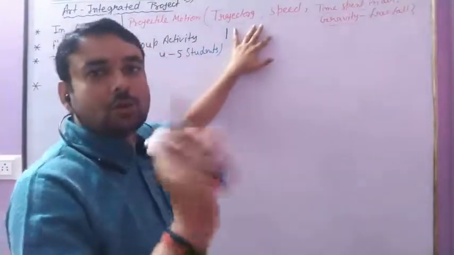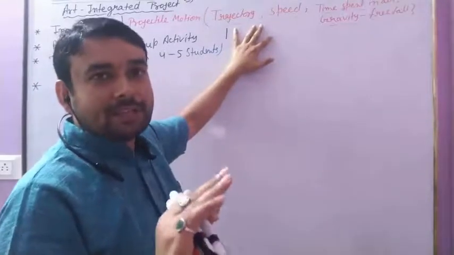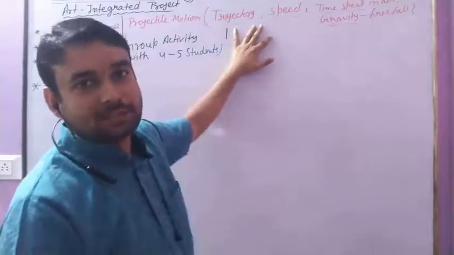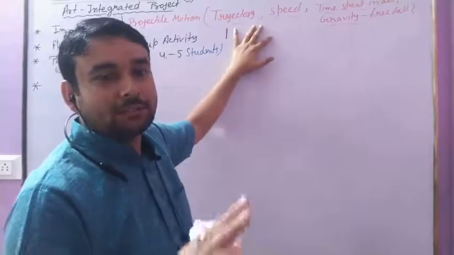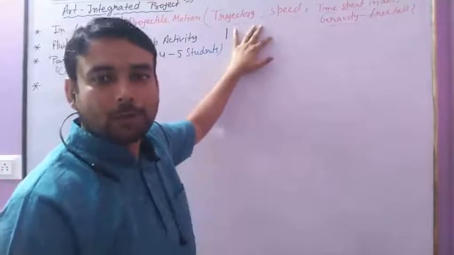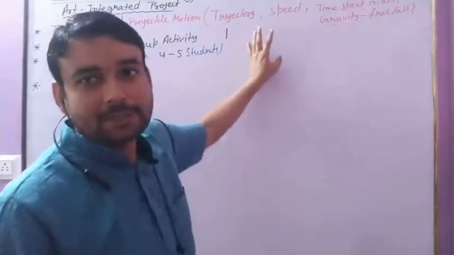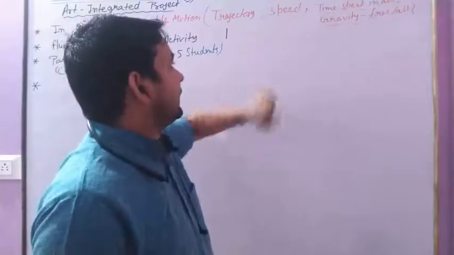When a ball is thrown or delivered by a bowler, it moves in a path. That path followed by the ball after delivery from the bowler's end is known as the trajectory.